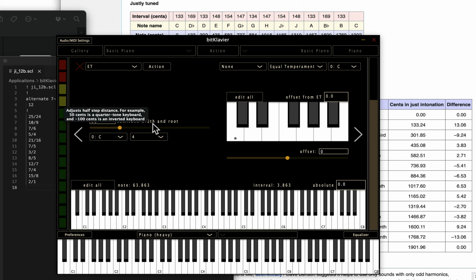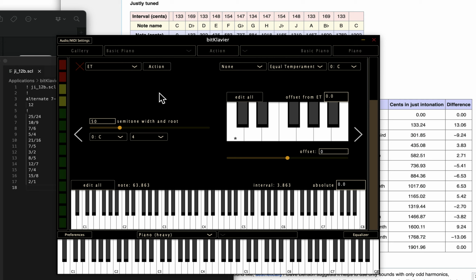In the Bohlen-Pierce scale, instead of dividing the octave, so 1200 cents, by an equal number, in the equal tempered version of the Bohlen-Pierce, we actually divide the tritave, it's called. So it's an octave plus a fifth. So a 3 over 2, or really 3 over 1 ratio. So instead of 2 over 1, it's a 3 over 1 ratio. We divide that by 13.